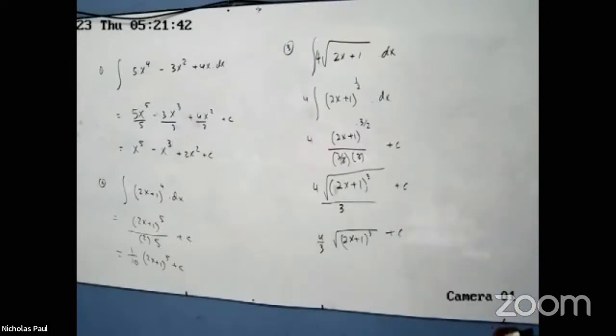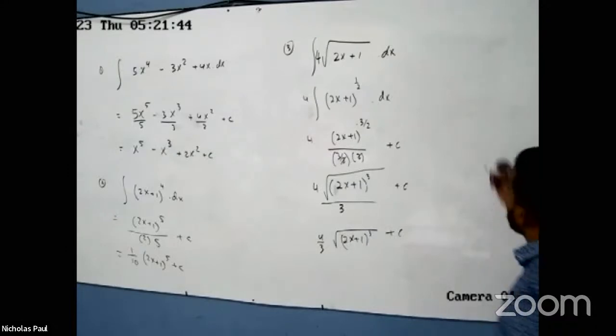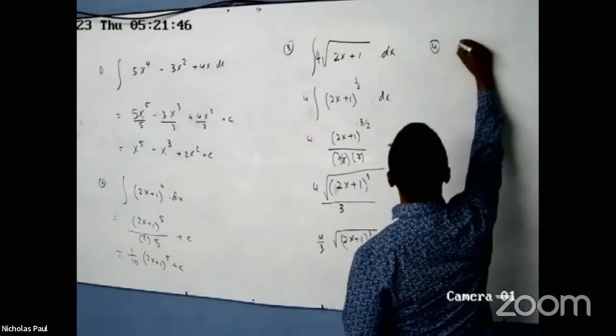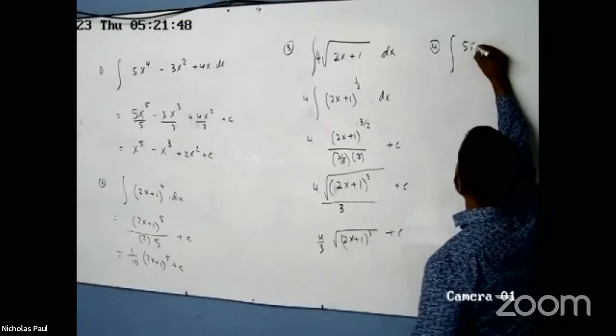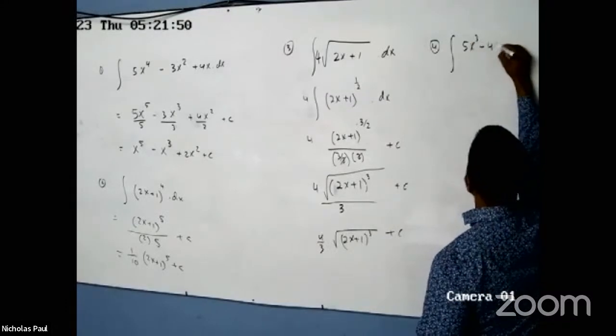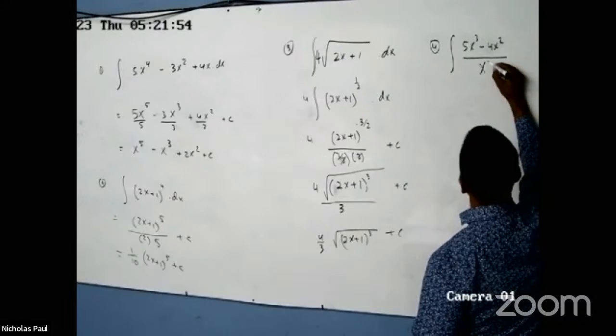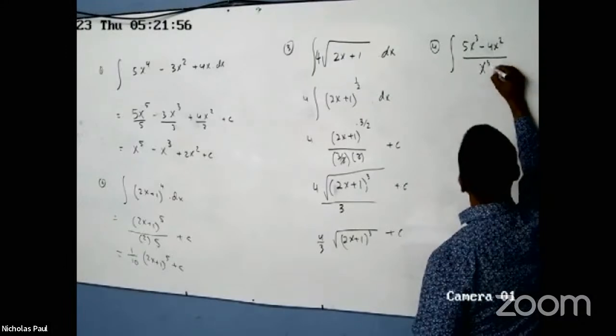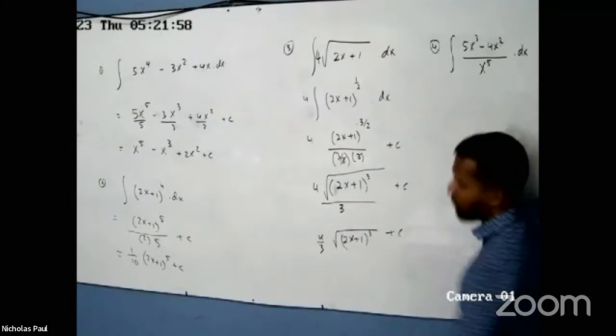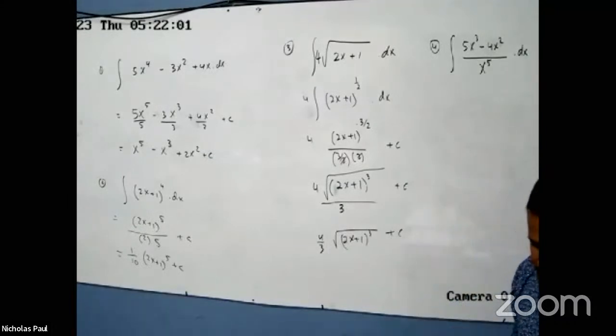Okay. So a quick little practice on those. How would you handle something like this? If you had to integrate 5x cubed minus 4x squared all over x to the power of 5. How would you integrate something like that? Well, if you get this one right, I will send you back the form.